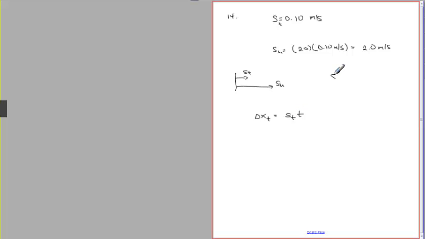And this comes from just the speed is defined as delta x over delta t, or sometimes we just put delta x over t because t usually starts out at 0 at the beginning of things like this. So sometimes delta t is just the time. Okay, now as far as the hare is concerned, the distance he travels, again, is his speed times the time.